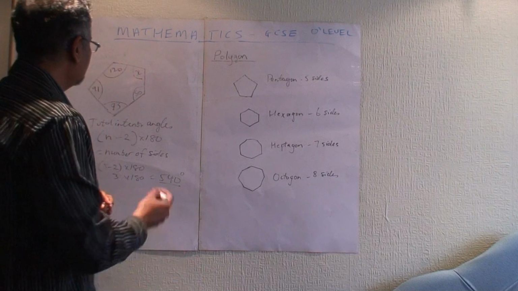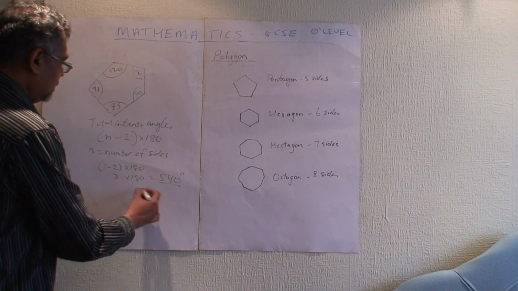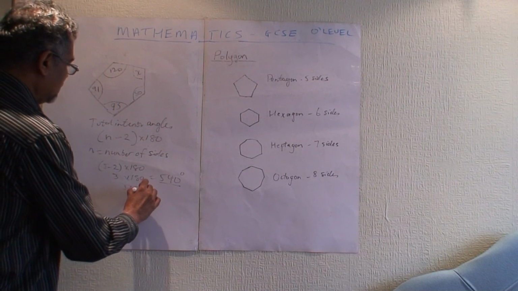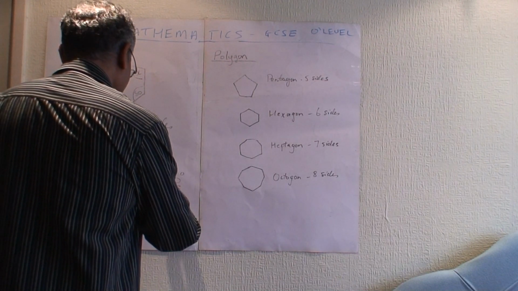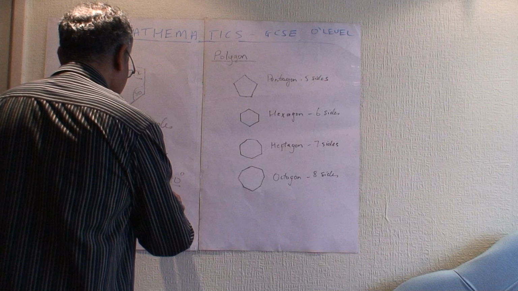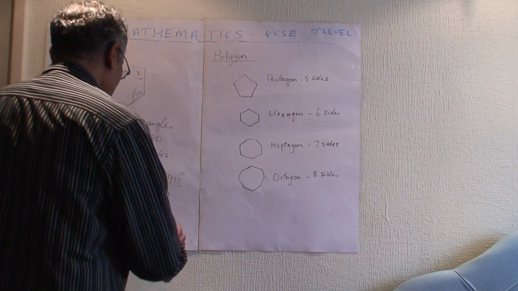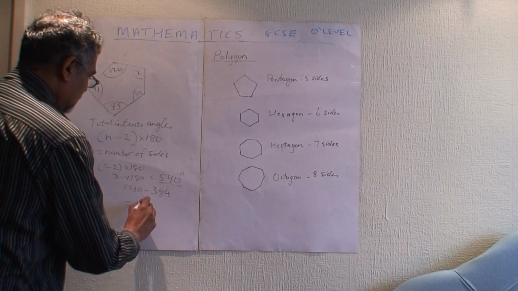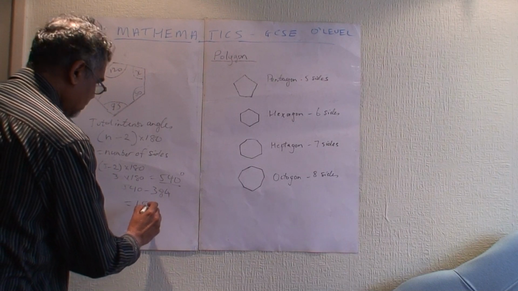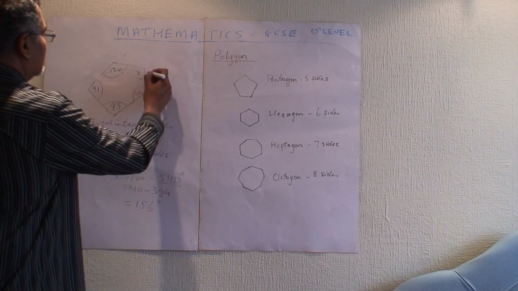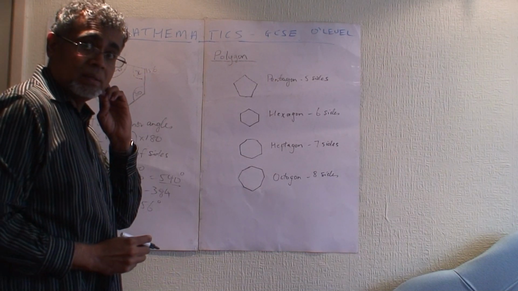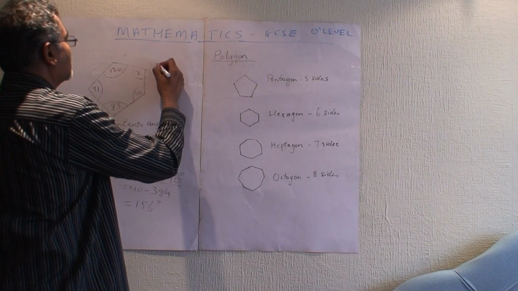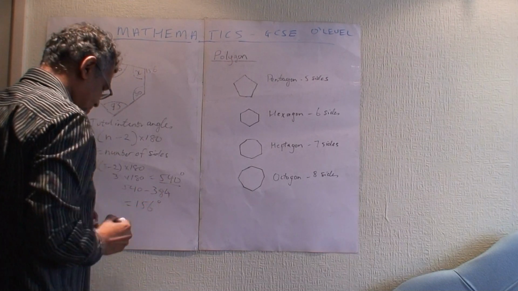You can just use your calculator. So basically, we just say 540 minus 384, and that equals 156 degrees. So this angle is 156 degrees.